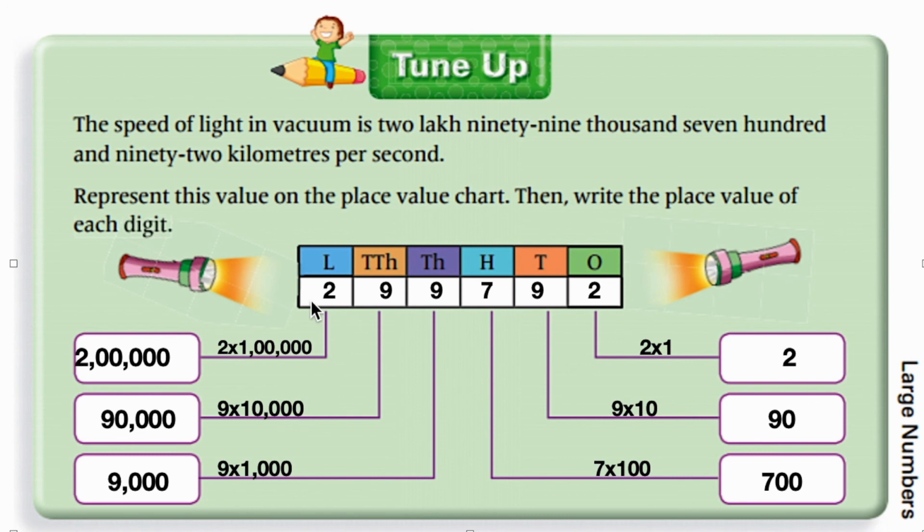Then the place value of digit 2, which is at lakhs place, is equal to 2 multiplied by 1 lakh. 1 lakh means 1 followed by 5 zeros. So the place value of digit 2 is equal to 2 lakh.